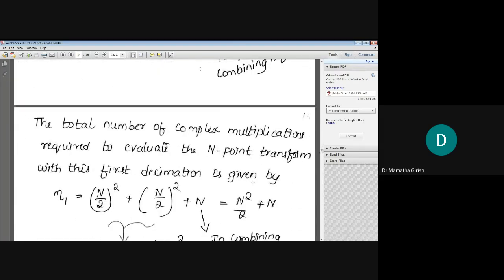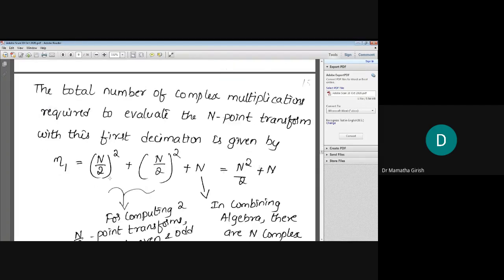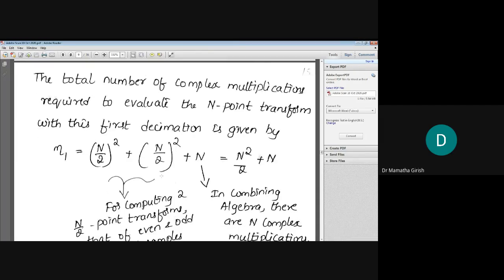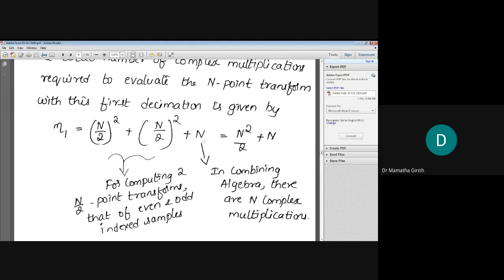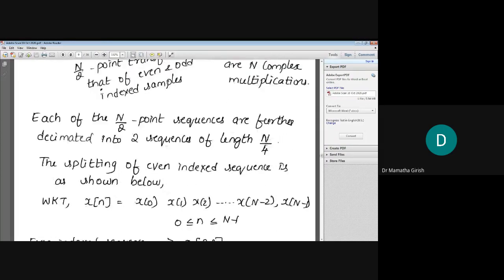That is why the total number of complex multiplications is (N/2) whole square for the first half DFT, (N/2) whole square for the second half DFT, and N for the N complex multiplications in the combining algebra. If I simplify this, after the first stage, the total number of complex multiplications is N square by 2 plus N.